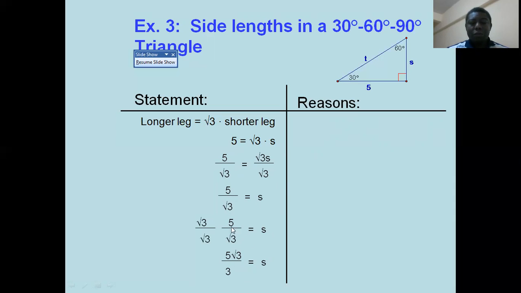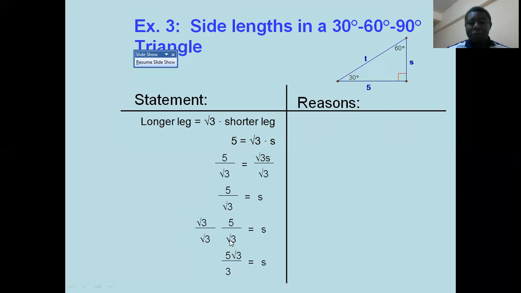Now, we are not supposed to keep the square root at the bottom, right? So we are going to use the surd formula, where we multiply both the top and the bottom by square root of 3.